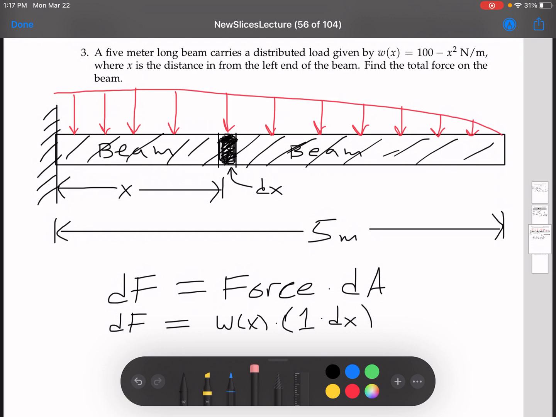So with that in mind, we see that dF is equal to our distributed load, 100 minus x squared, times dA, in this case dx.